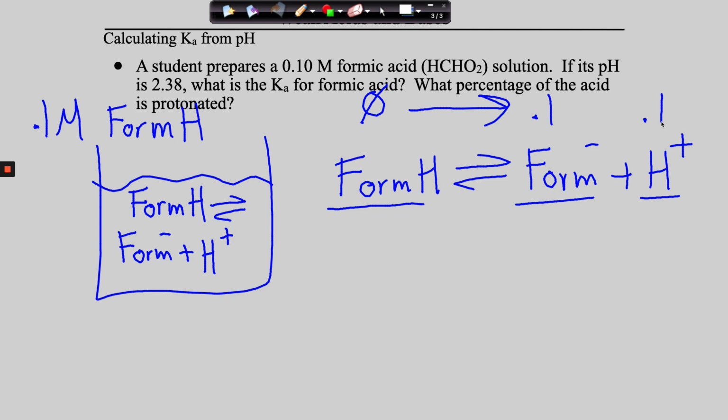Somewhere below 0.1. So this is going to be less than 0.1 molar. We don't know how much less than. We're going to talk about that in a minute. But it's less than 0.1 molar. So it's somewhere between none, which would make it a strong acid, and all of it, which would make it a non-electrolyte. Know what I'm saying?